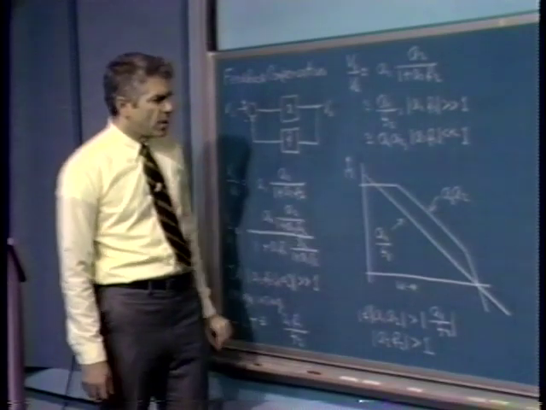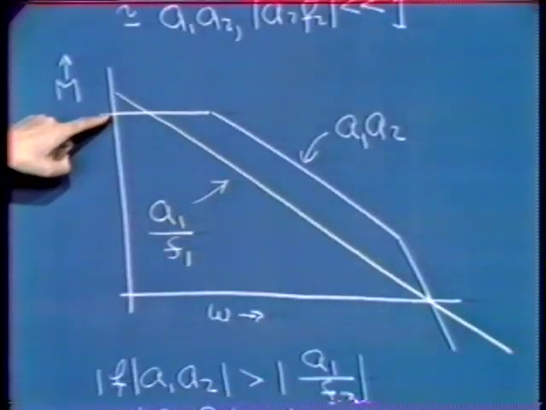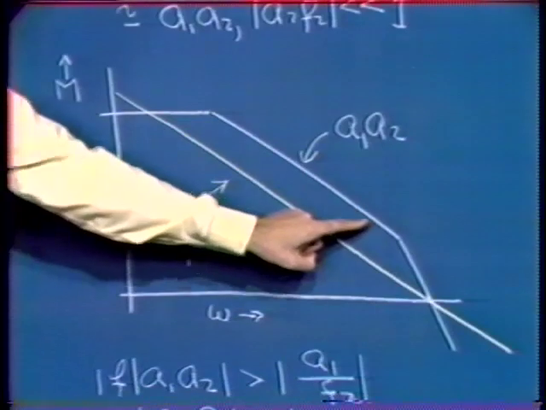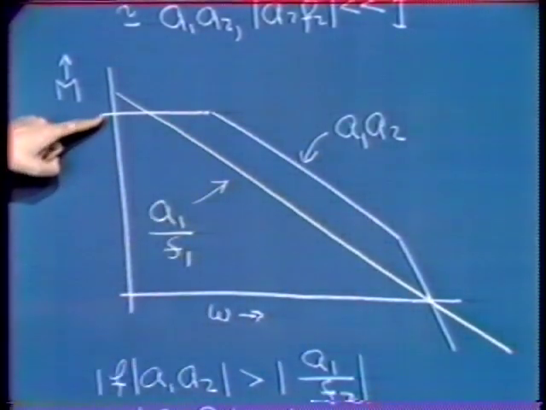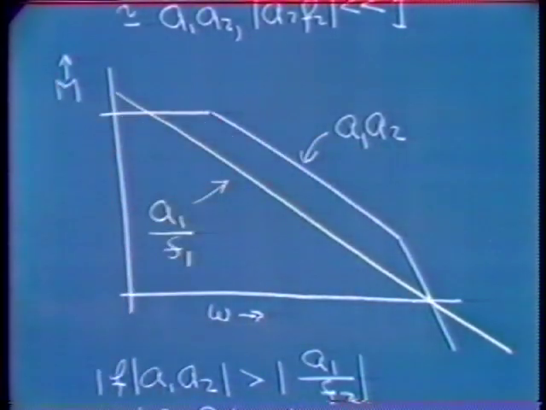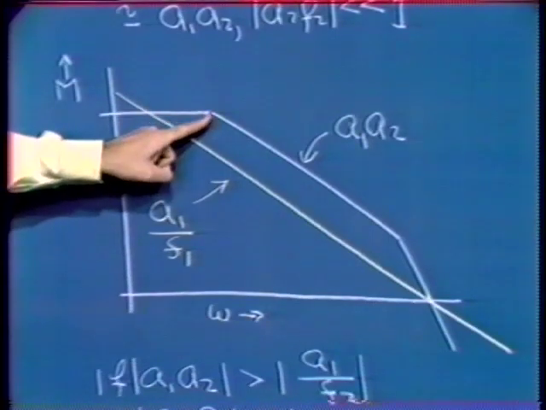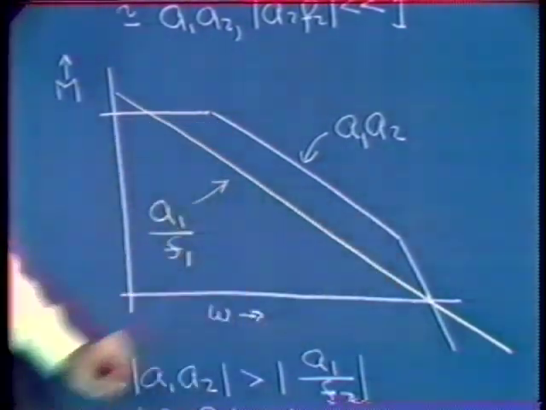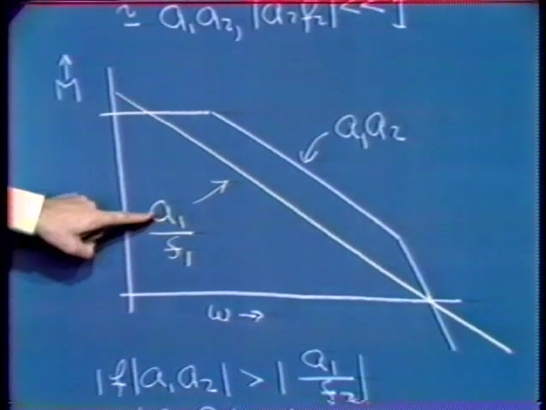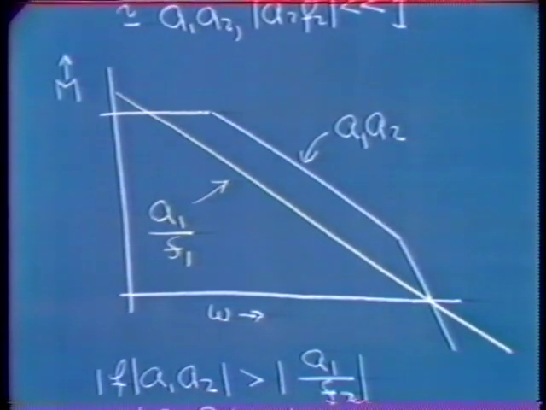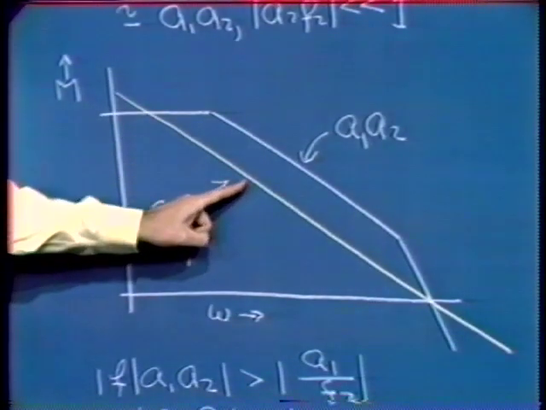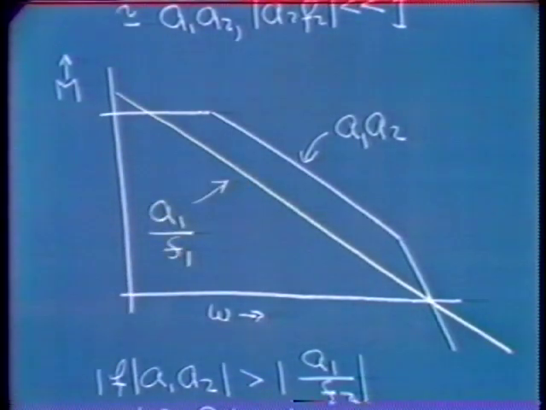And we do that in Bode plot form. Here's an assumed form for the plot A1, A2. I've assumed a two-pole kind of transmission for that. And then we also plot the quantity A1 over F2. That's the other limiting case. And I've shown that here. I've assumed in this plot that the quantity A1 over F2 is single pole in nature.